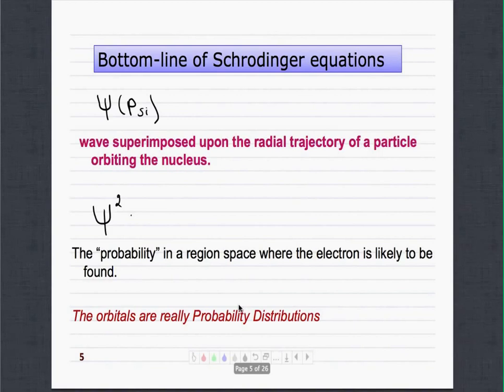So all we're going to talk about from now on is not psi, it's psi squared, which is the probability. Where is the highest probability to find the electron? Where is the probability to find electrons around the nucleus?